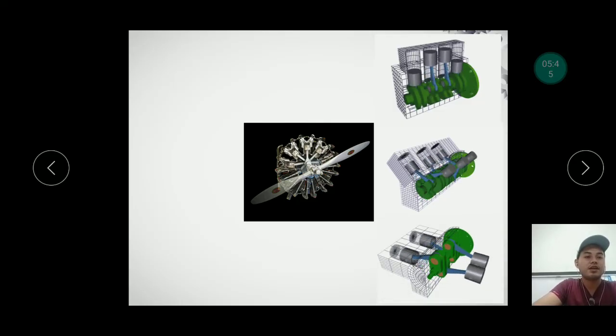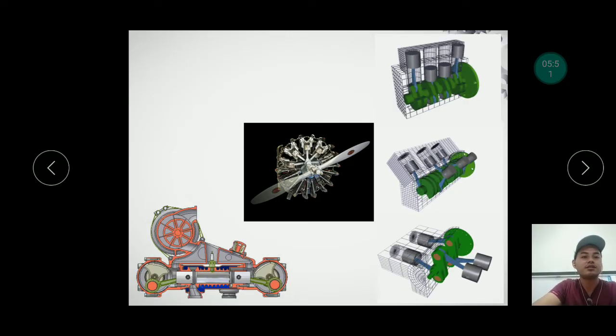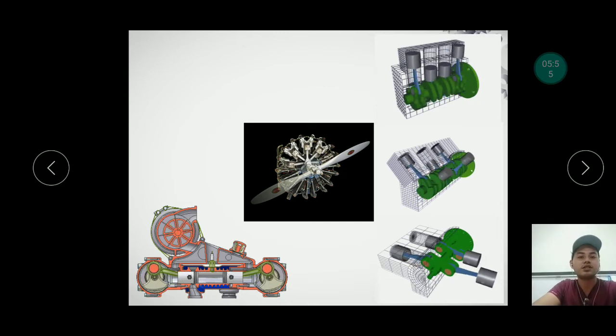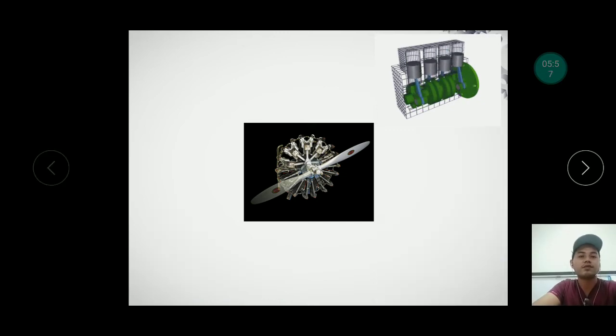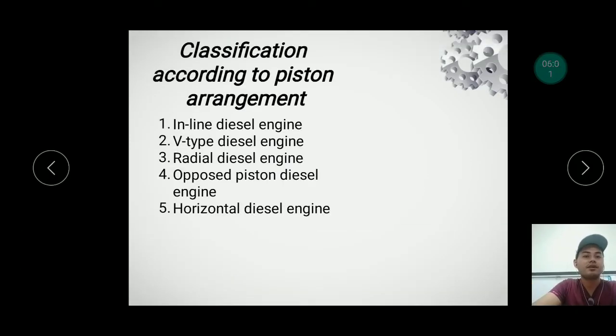Here is the opposed piston diesel engine. As you can see, the pistons are opposed with each other. Oh, rather, it's not opposed, it's the horizontal diesel engine.